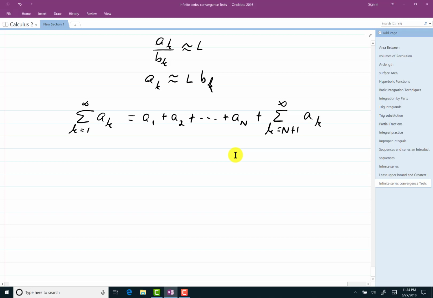So I'll throw it in there. This should be an approximate symbol, not exact. And we still get the first capital N terms, but now I'm going to replace A_k with L B_k.